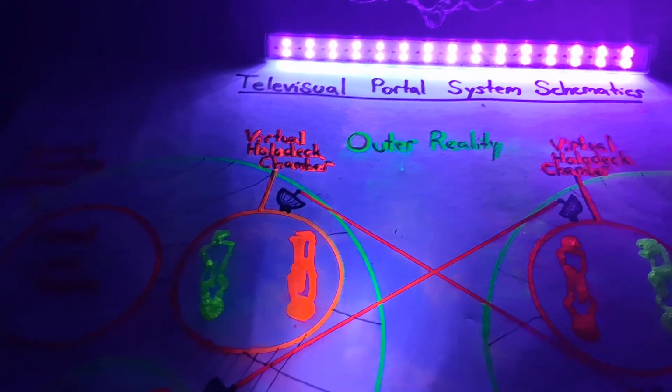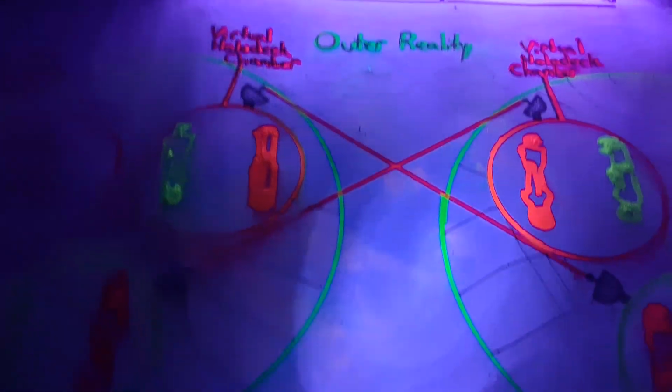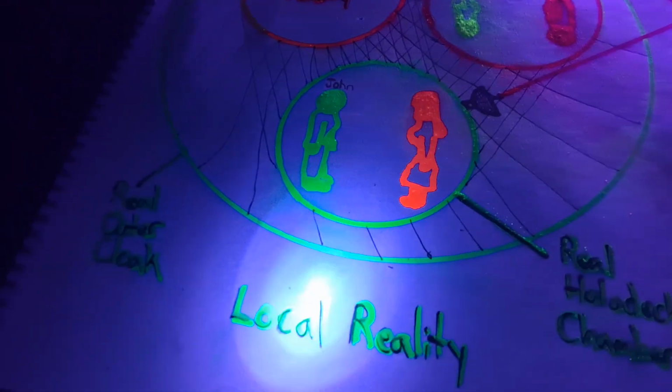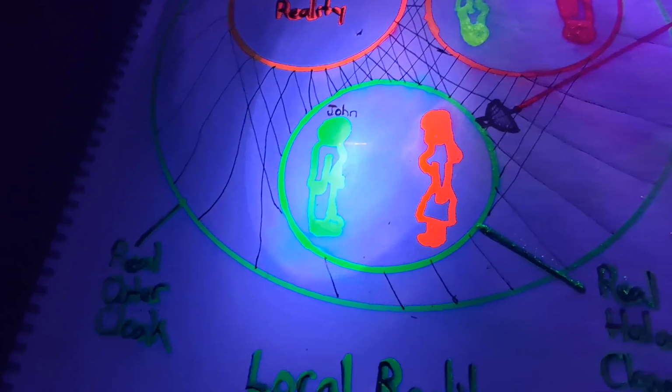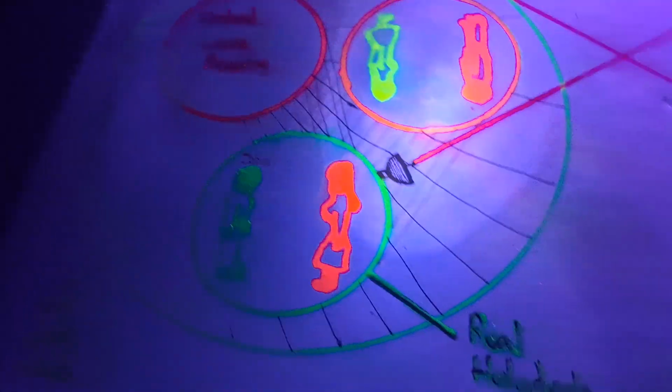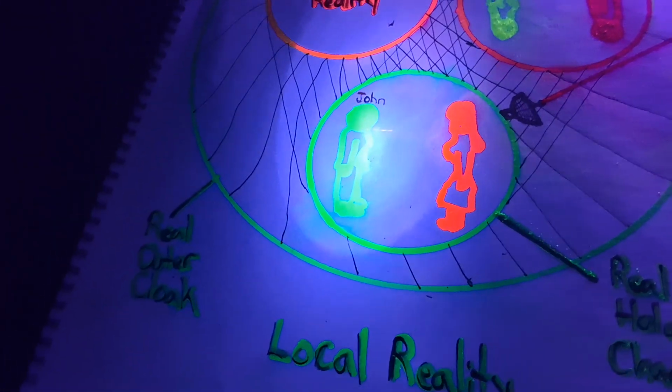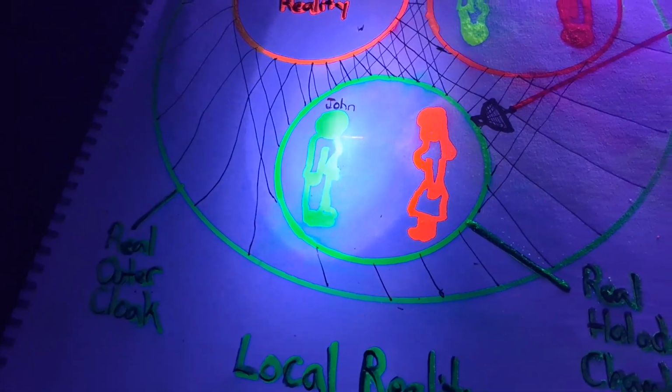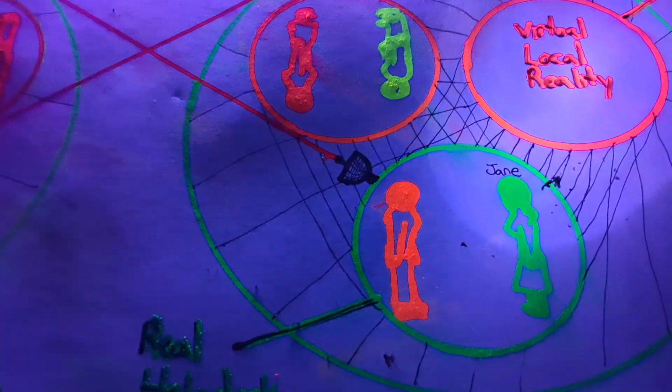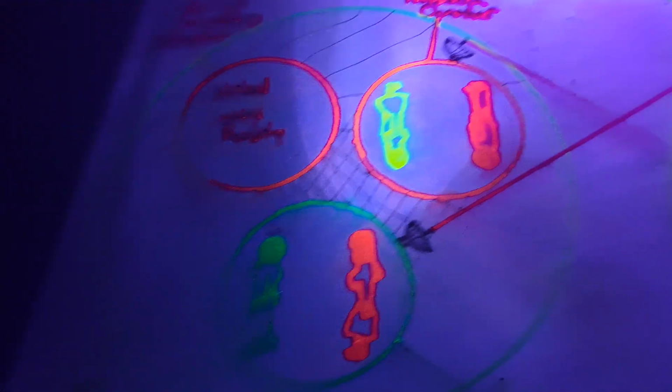There's a route that they take in between, and let's say you start with John. This is John, by the way. The green signifies the real John, and the green signifies the real Jane.